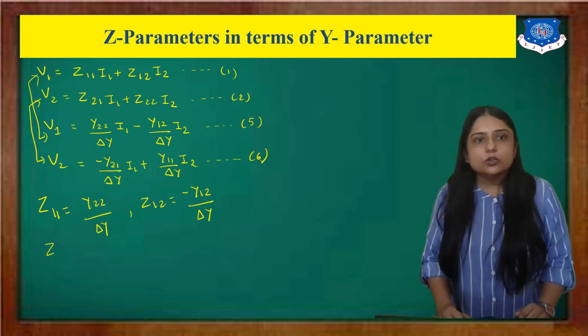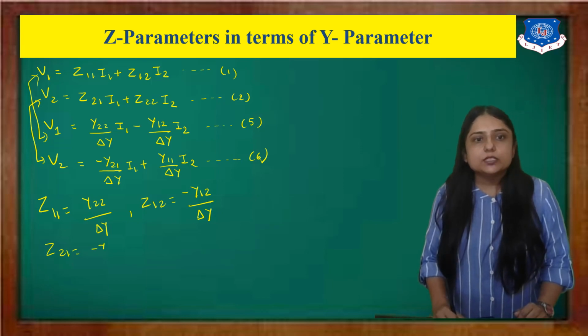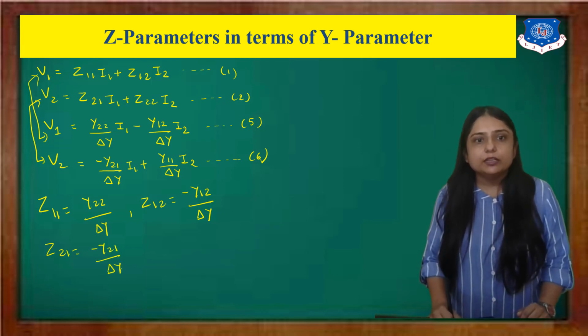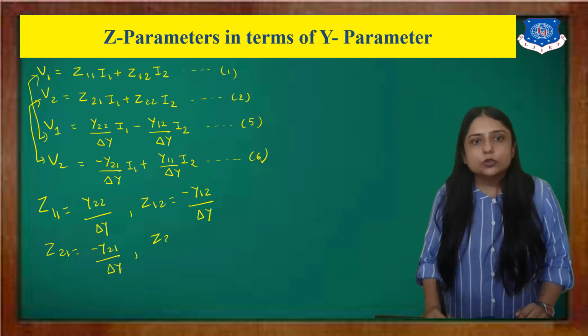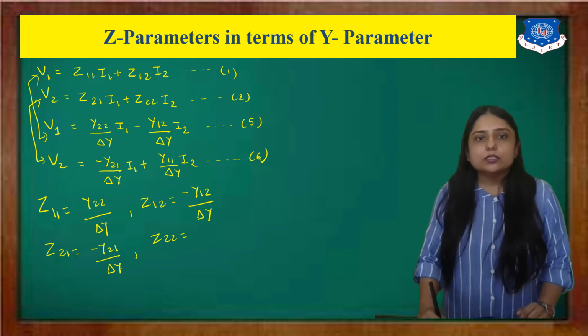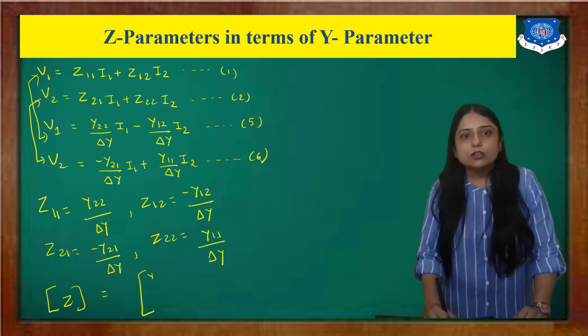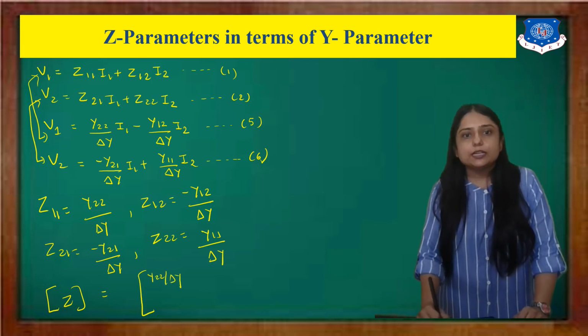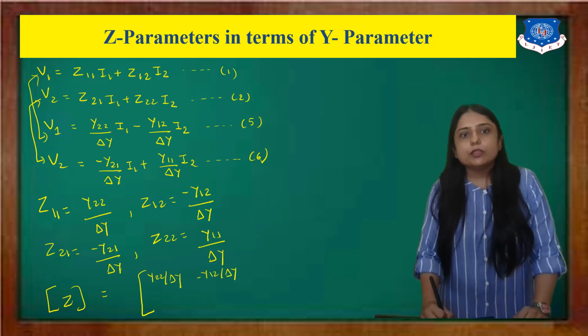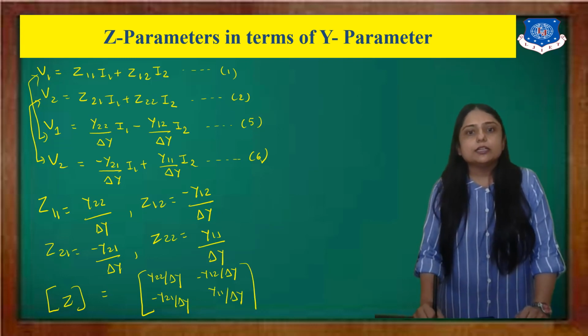Then Z21 equal to minus Y21 upon delta Y, and Z22 equal to Y11 upon delta Y. So the answer of the Z parameter in terms of the Y parameter is: Y22 upon delta Y, minus Y12 upon delta Y, minus Y21 upon delta Y, and the last one Y11 upon delta Y.